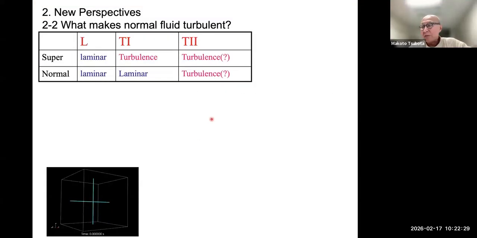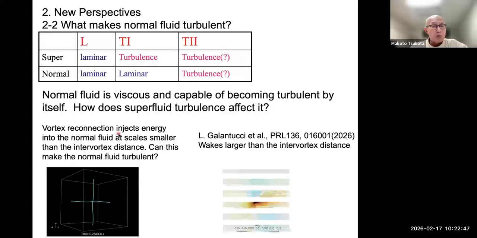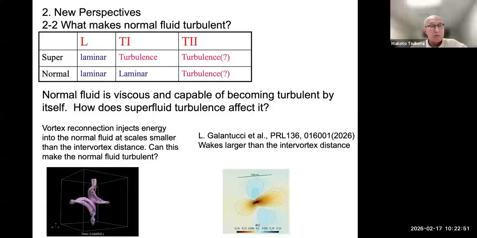So I'm talking about the next topic. What makes normal fluid turbulence in the T2 state? The normal fluid is viscous and capable of becoming turbulent by itself. How does superfluid turbulence affect it? For example, vortex reconnections inject energy into the normal fluid at scales smaller than the intervortex distance.